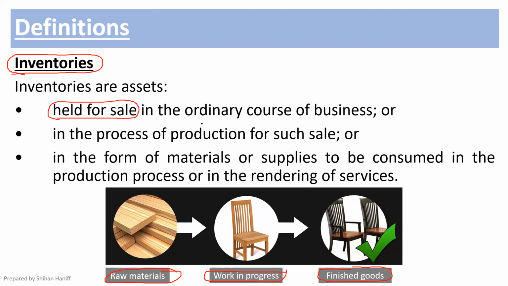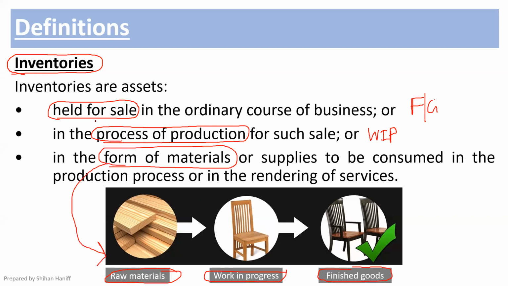Held for sale means finished goods. Or in the process of production, which means work in progress, WIP. Or in the form of material, which is raw material. So there are three types of inventories in a business. That is one definition.